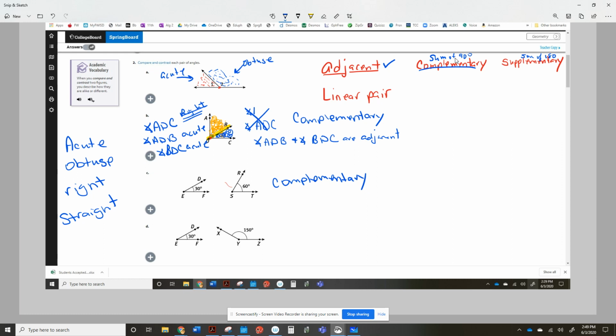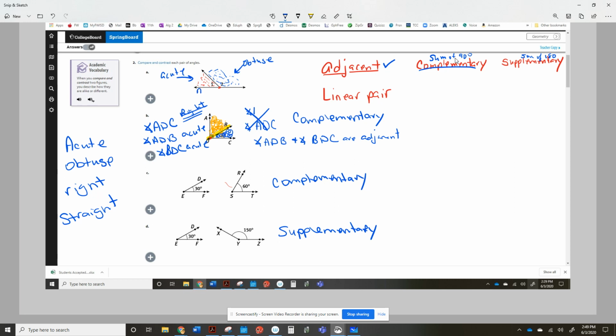So these two right here, supplementary, they add together to be 180. 30 plus 150, so these are a supplementary pair. Now, there's also another supplementary pair up here. They are adjacent, and they add together to give you a straight angle.